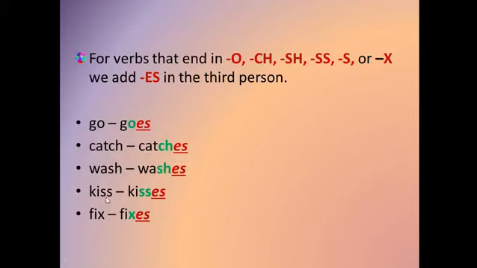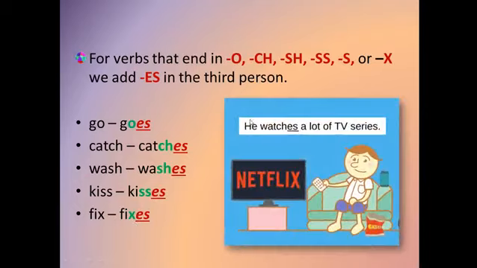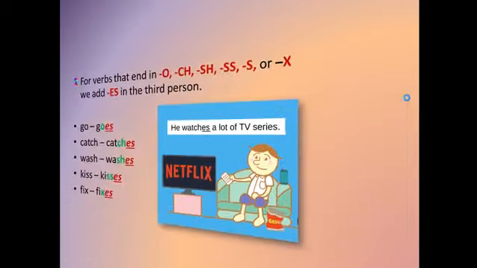She kisses, double S, so I add an ES. He fixes, an X, so I add an ES in the present simple. Okay, he watches, fine, because here the subject is he and my verb ends in a CH, so I add an ES to my verb in the present simple.